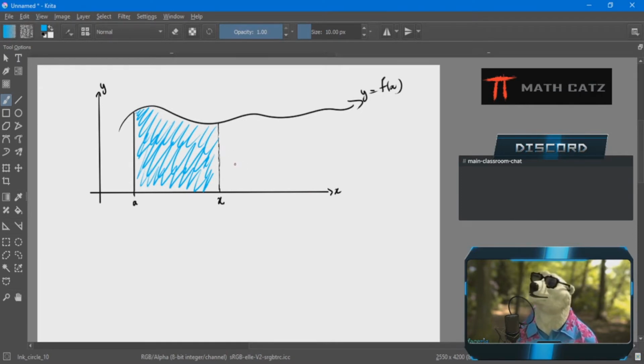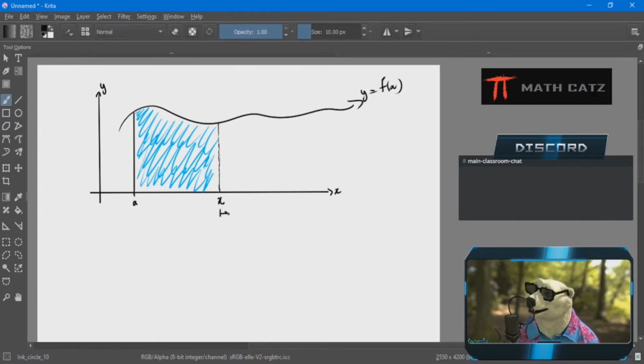Okay, so what I'm going to do now is switch to black here, is go a little bit further. Not a whole bunch, just a little bit. Now I'm going to exaggerate it here, but it's really a very tiny step forward from x.